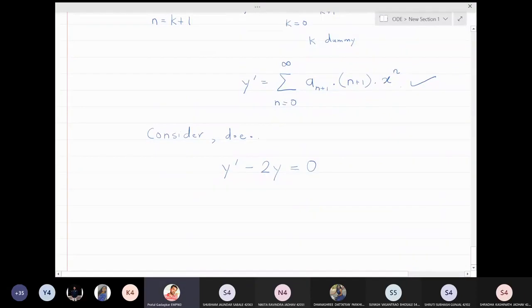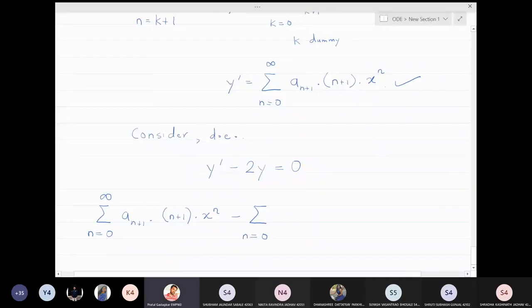So what is y dash? y dash is summation n going from 0 to infinity a n plus 1 into n plus 1 x raised to n, minus summation n going from 0 to infinity 2 a n, because this 2 is multiplied to a n x raised to n, equal to 0.